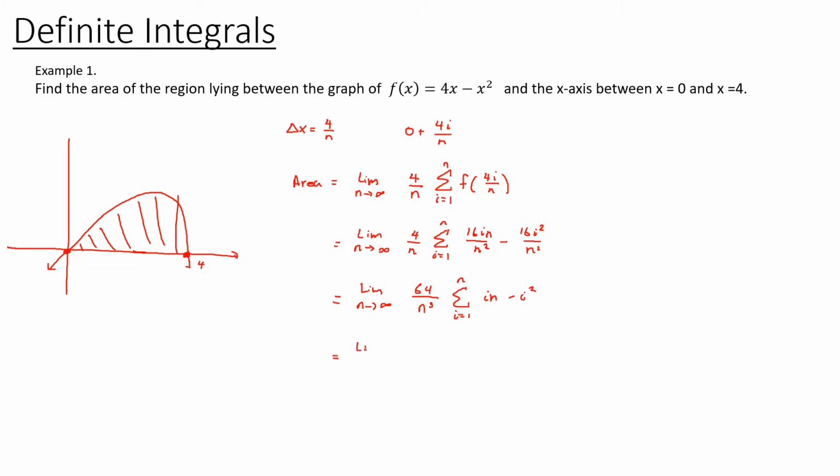So the limit as n approaches infinity of 64 over n to the third times n times n plus 1 over 2, minus n times n plus 1 times 2n plus 1 over 6.